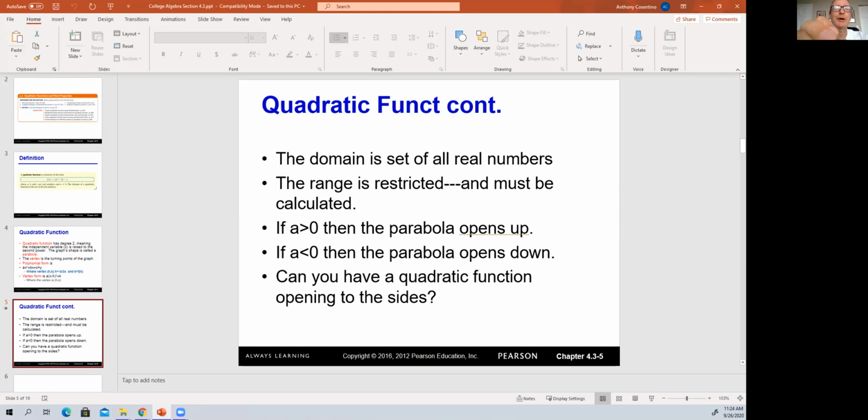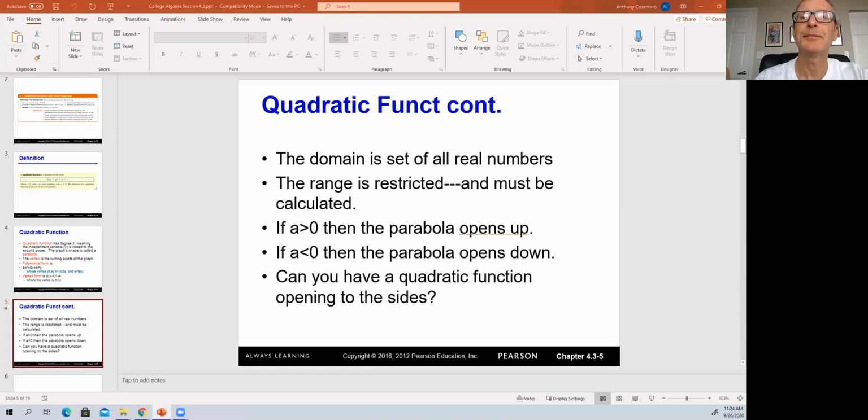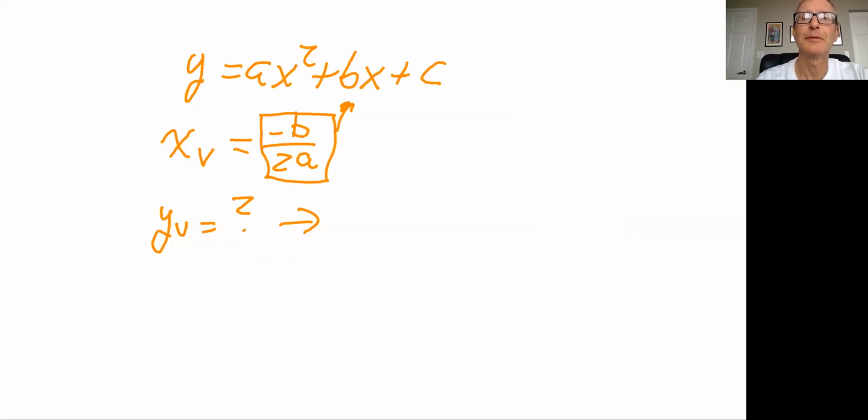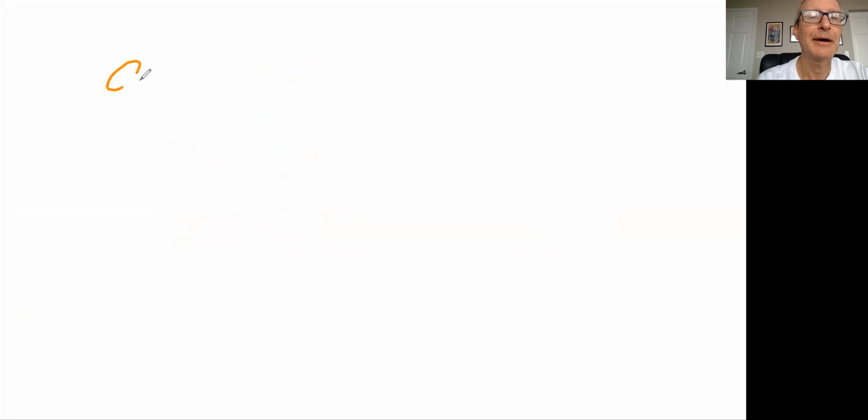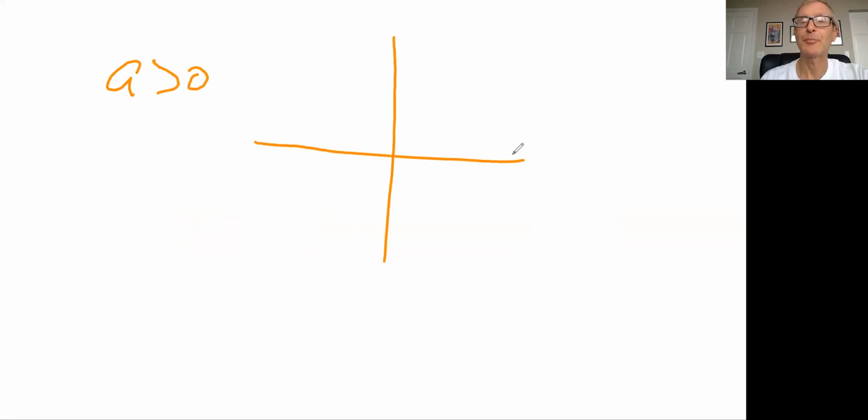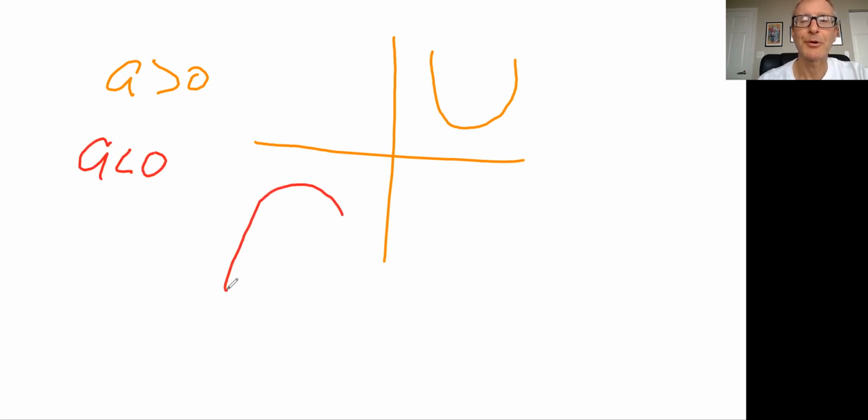So what we mean by that is if we had an a value greater than 0, then the parabola ends up opening up. So it looks something like this. And that's what we mean by opening up. If the a value is less than 0, then the parabola would open down.